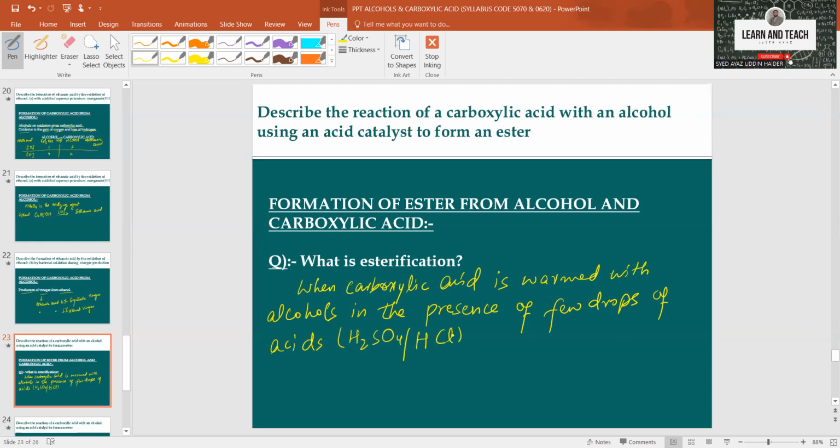Again, here H positive ion is acting as a catalyst. A fruity smell compound is produced. Now, this produced compound is ester.